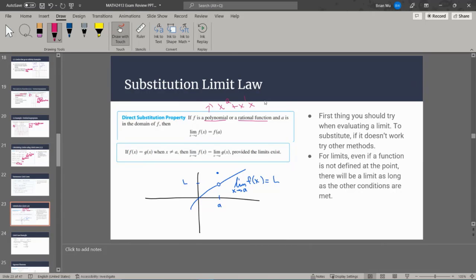A rational function is those polynomials divided by a polynomial. Then you can try to plug in a and evaluate the limit that way. And that's essentially what we've been doing so far. This property basically states that you don't have to have the point defined to have a limit. That's what we covered before, just in more specialized rules.